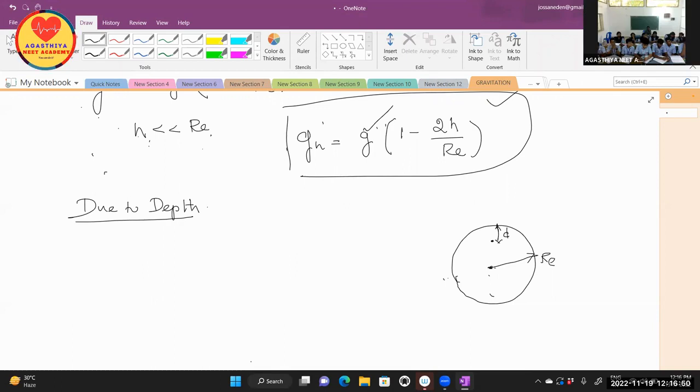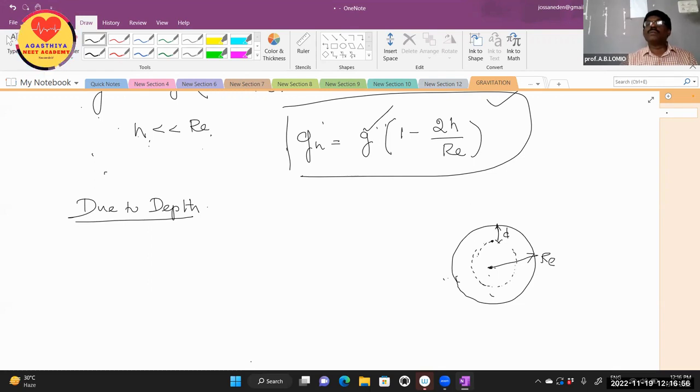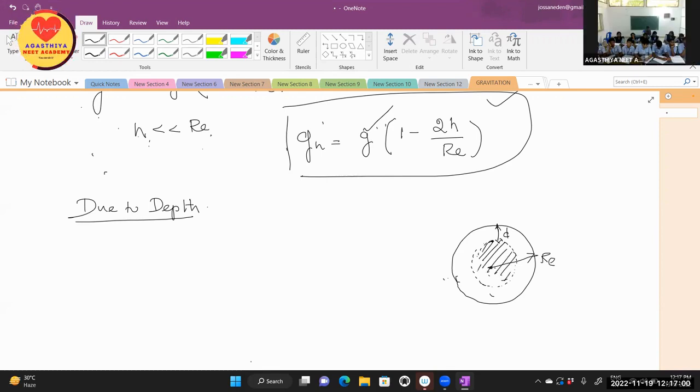Say let it be d. Now draw the circle about that point with respect to the center. We are going to find out the acceleration due to gravity at this point, which is at a distance d from the surface.